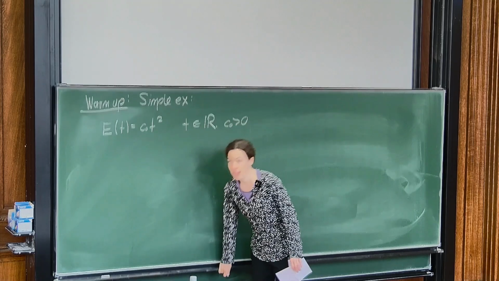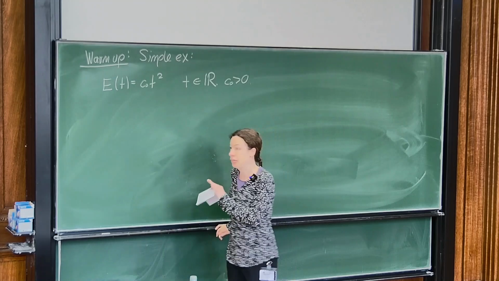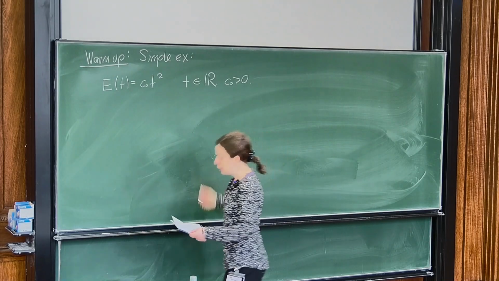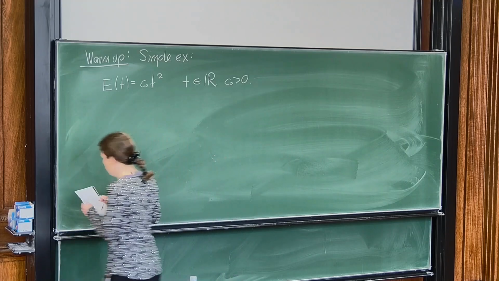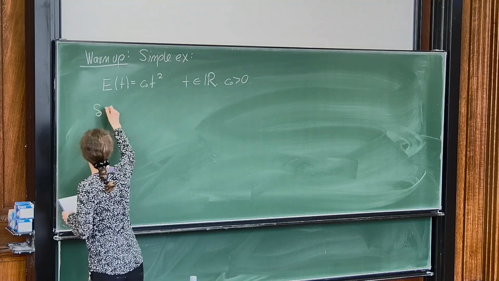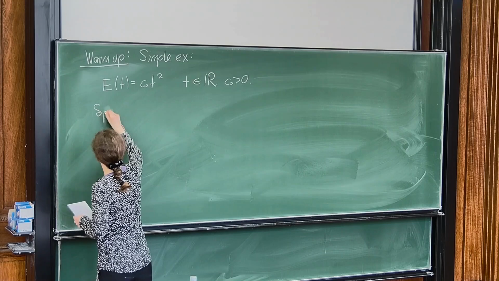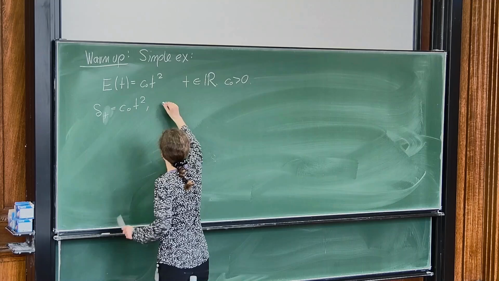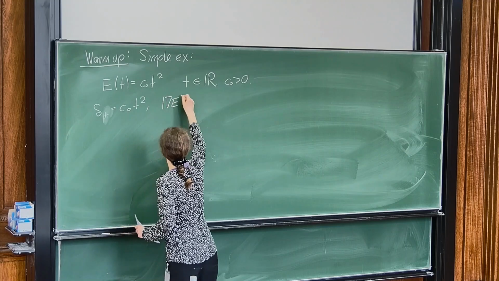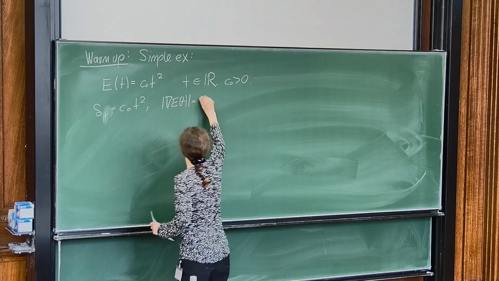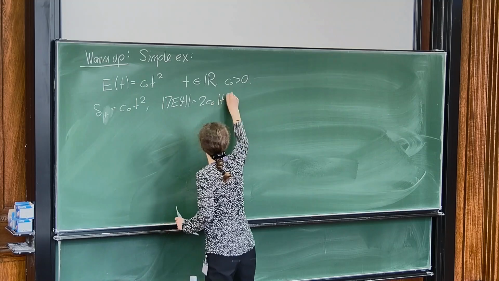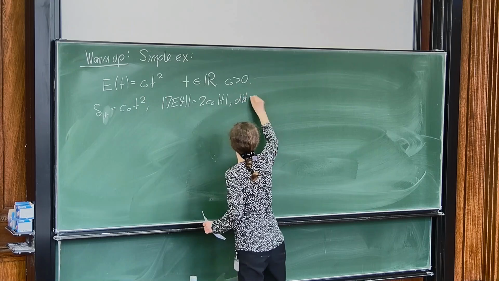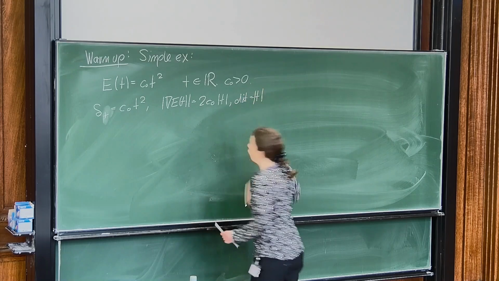Okay, so this actually gives you a really good picture of what the best case scenario is for these estimates. So let's look at this in this situation. So of course we have delta of t is just the same as E, C0 t squared. The size of the gradient of t is 2 C0 t, and the distance is just t, whether it's from the critical points or from the minimizers.